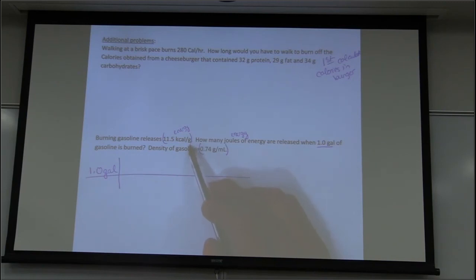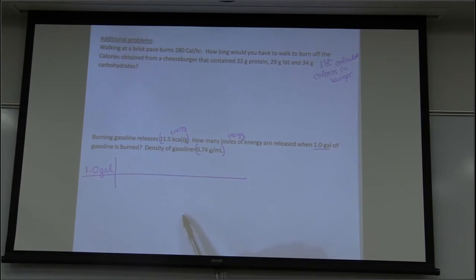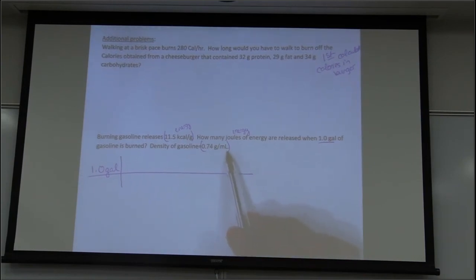Grams. Which is mass. What is the only way to get a volume to a mass? Do you have density given to you? Yes. So then that tells you, what do you have to get gallons to be able to use this? You've got to be able to get them into milliliters. We've done that more than once.